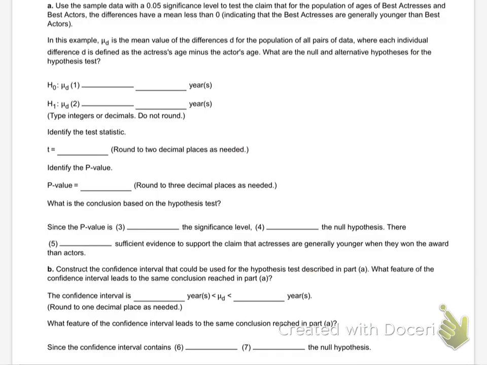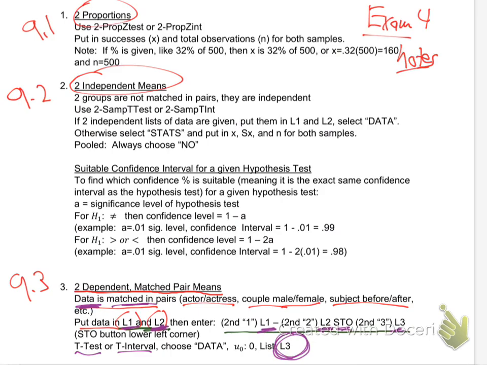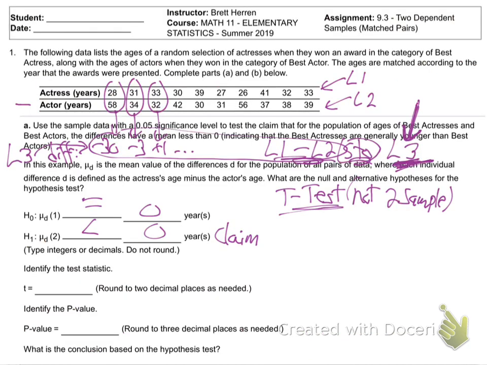Let's go back. So we do t-test. In a minute we'll do confidence interval, we'll do t-interval. So t-test, choose data. Mu0 is 0, list is L3, because that's where our data is. So when you go to t-test now, when it says where's your input coming from, you choose data.